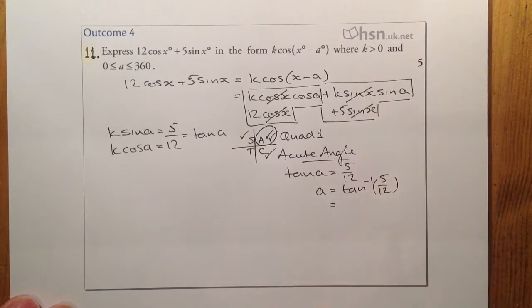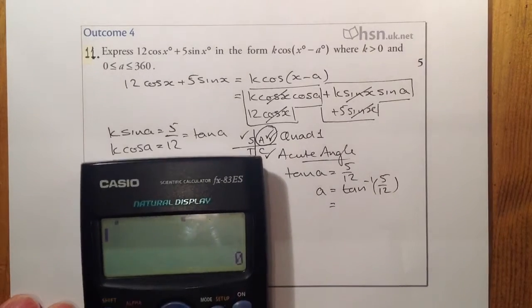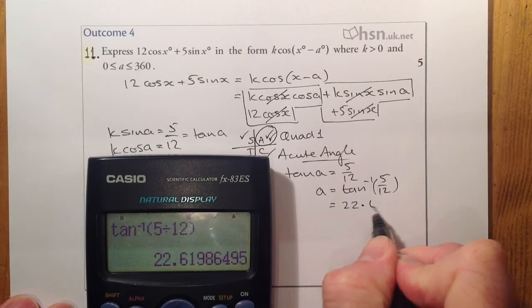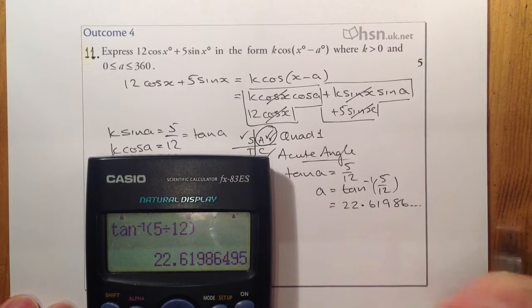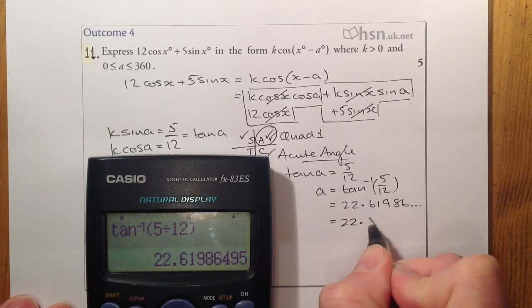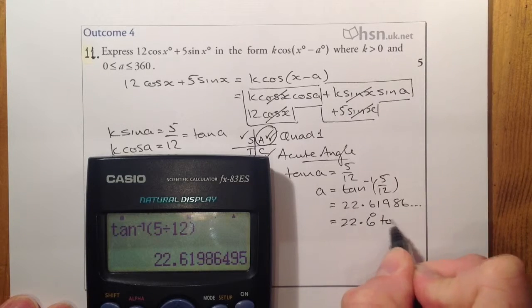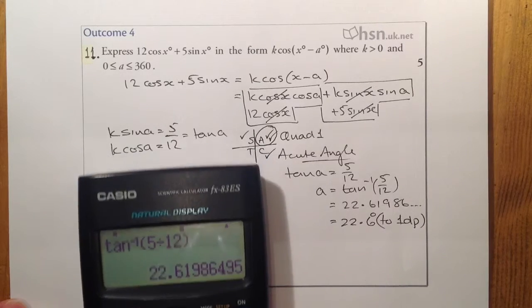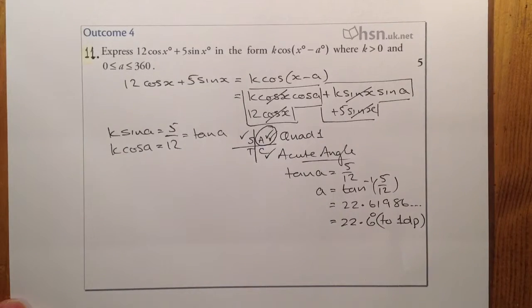We'll have a calculator in the NAB, so all I'll do is do that on the calculator, and all we'll go for is the shift button, tan, make sure that you're in degrees, okay, and 5 divided by 12, and that should give me my answer from there. So what I've got there is 22.61986 and some others, and I'll just round that to 1 decimal place, so that's degrees to 1 decimal place. Okay, so that's my value of a, so that's the first part of that complete.